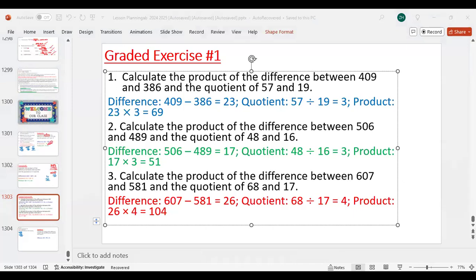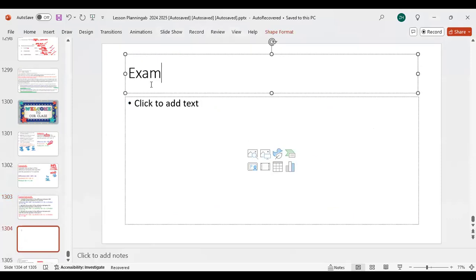Okay, so we understand that. I want to do another question. I like this one. Let's call this example number 3.